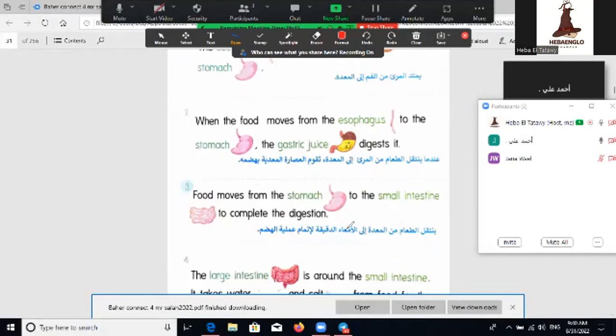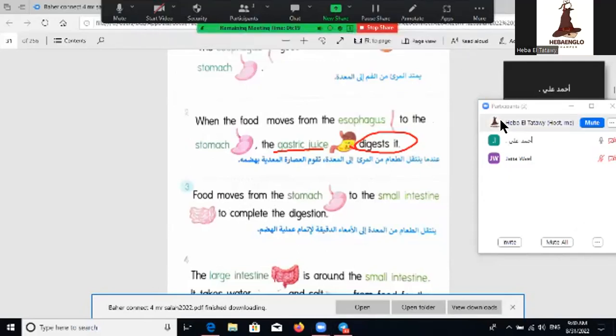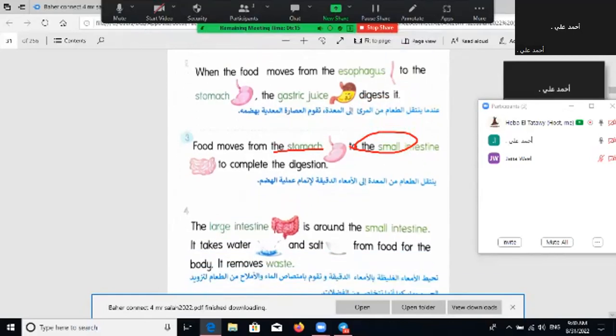Yes, there is a liquid in the stomach, it's called gastric juice. Okay? What is the job of the gastric juice? Digest the food. Okay.